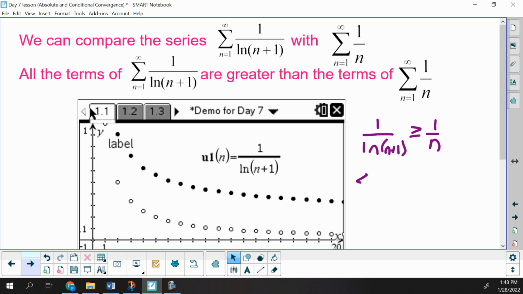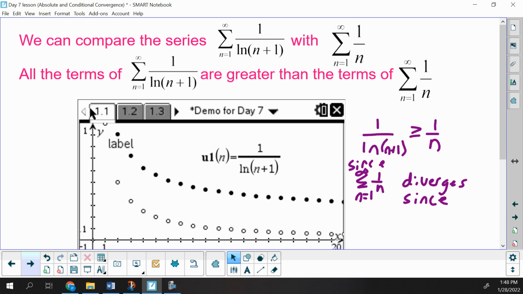Well, something we know that's true, since the series n equals 1 to infinity of 1 over n, that's something we saw in a previous one, diverges. And we have two reasons we can say it diverges.